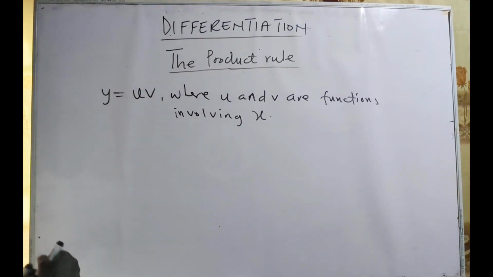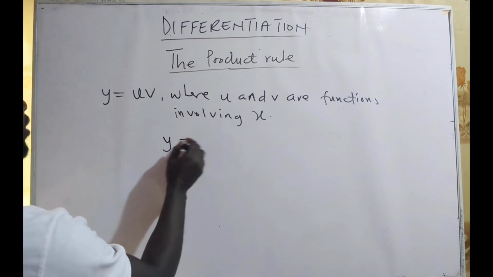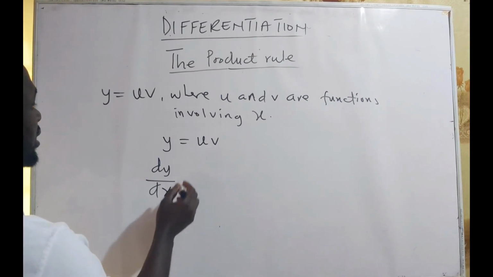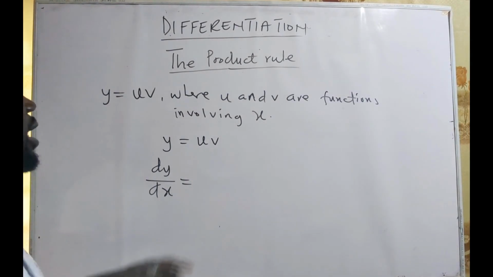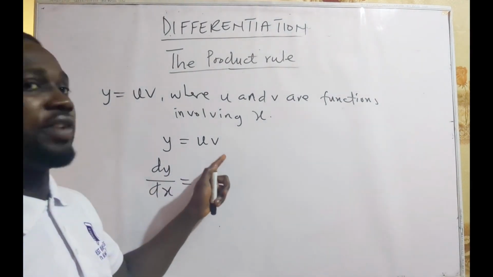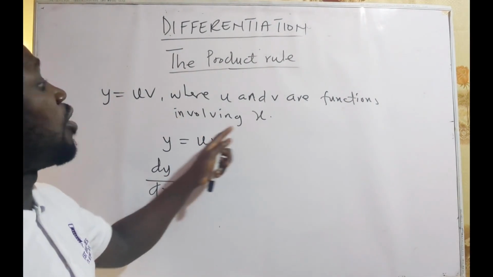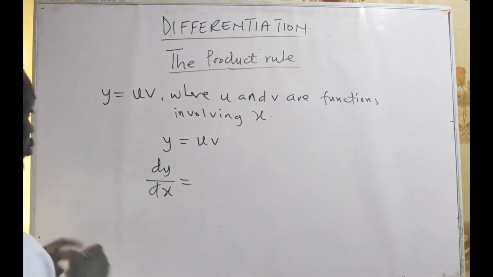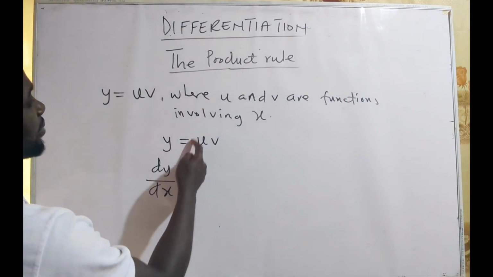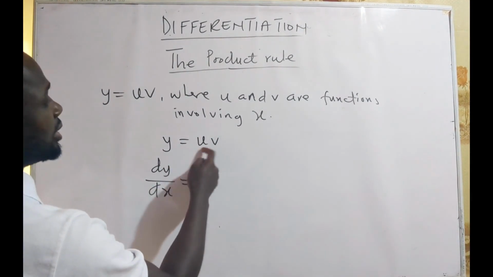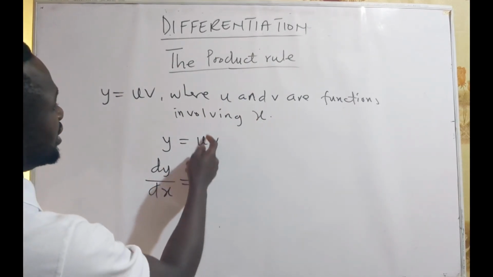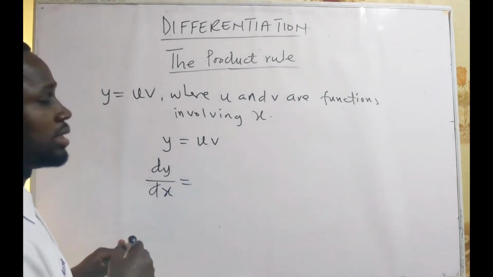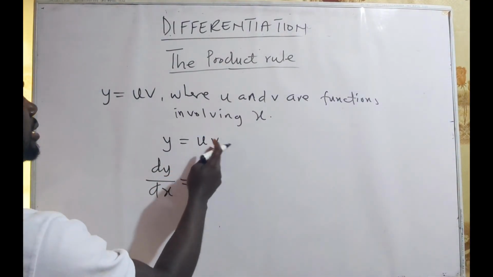So if I have y is equal to u(v) and I want to find the differentiation dy on the x, since the functions u and v are all involving x, what I will do is differentiate the first function, which is u, and maintain the second function.